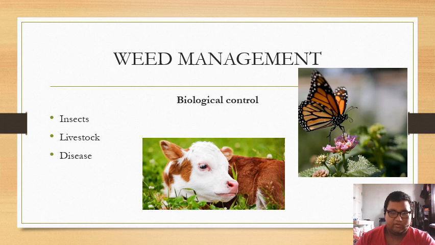Lastly, we have biological control, which is insects, livestock, and disease. This is used if chemical control doesn't succeed, because if you use chemical control really often, the weeds will develop immunity towards certain herbicides.